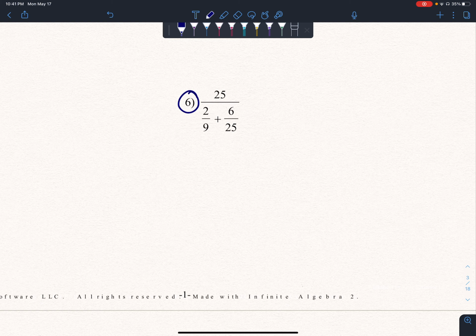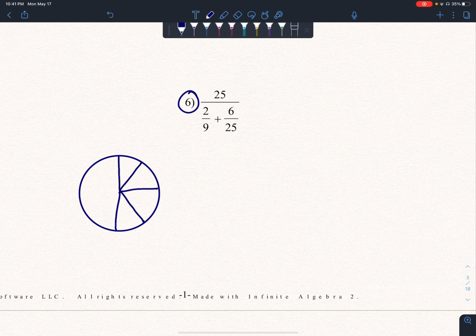So here, when we have 2 over 9, we mean that our little circle guy is, how am I going to draw a 9? I'm trying my best. Okay, I kind of did it.